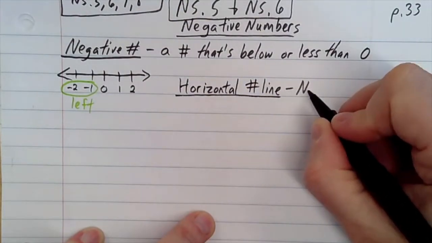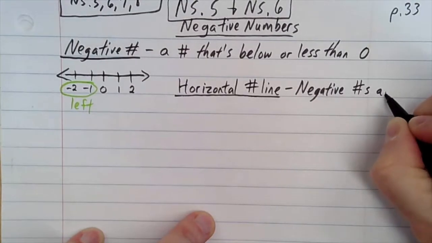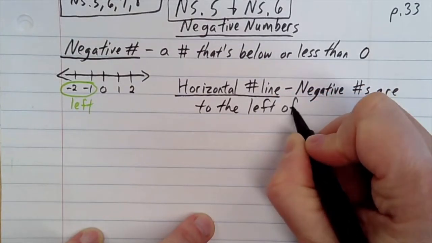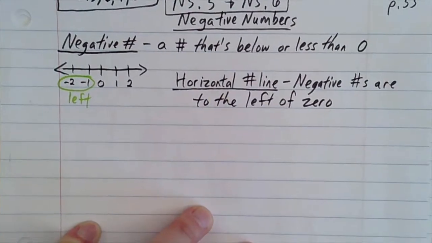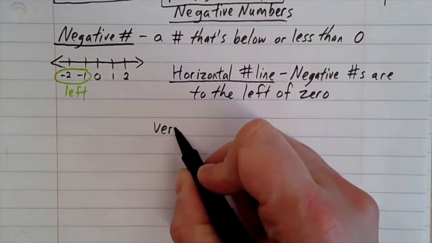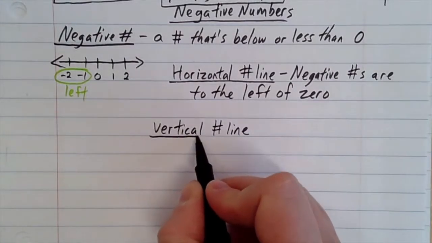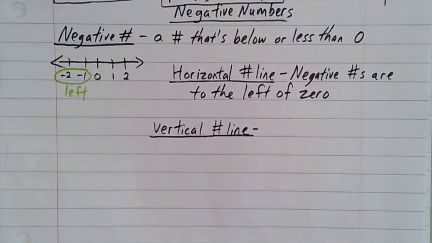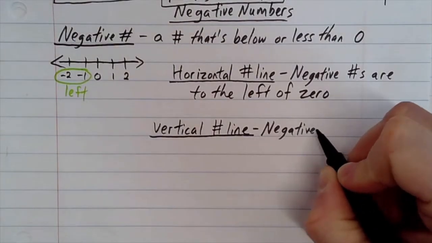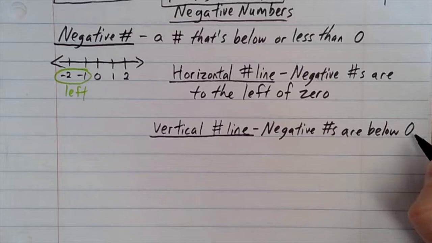So when the number line's horizontal, they are to the left. So I'm just going to say that negative numbers are to the left of 0. If I were to use a vertical number line, your negative numbers are actually going to be below 0. So I'm going to write that and then I'll draw that. Negative numbers are below 0.